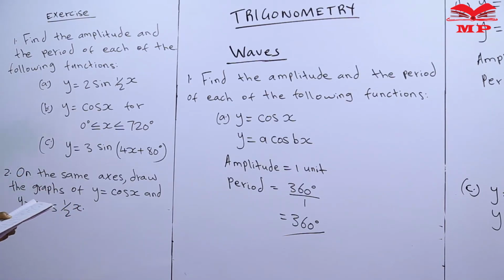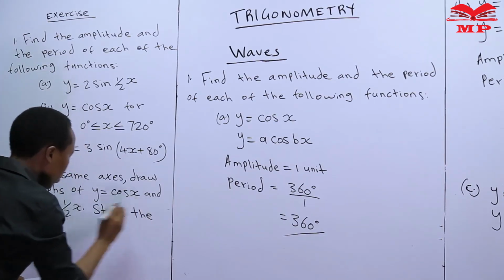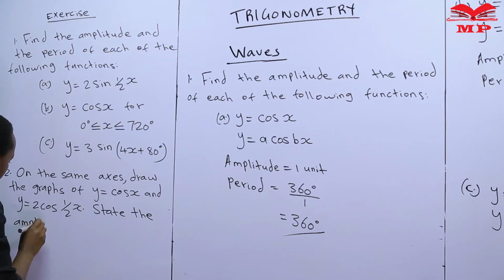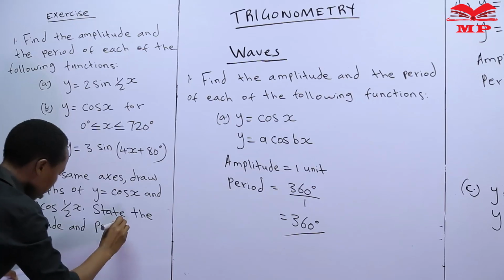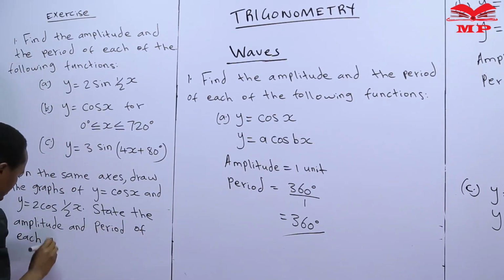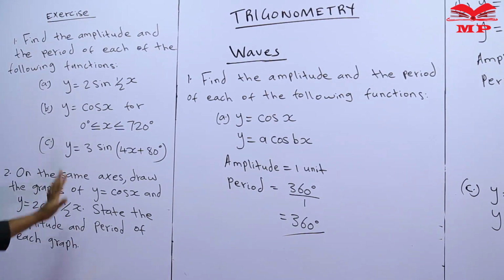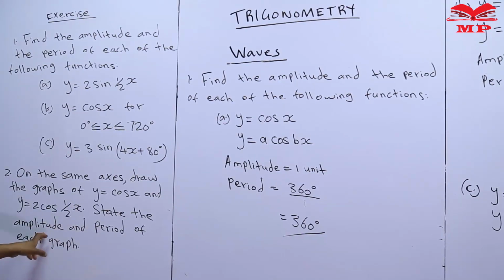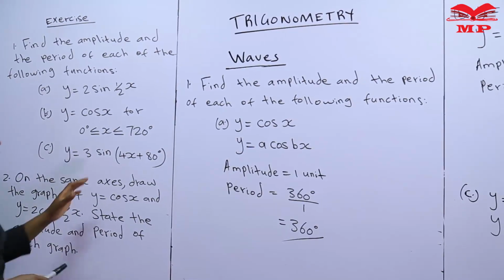You draw the 2 graphs on the same axis, then after plotting, state the amplitude and period of each graph. So in this you are plotting the 2 on the same axis, and then after plotting, because it is clear on the graph, you just state the amplitude and the period of each of these and of the other.